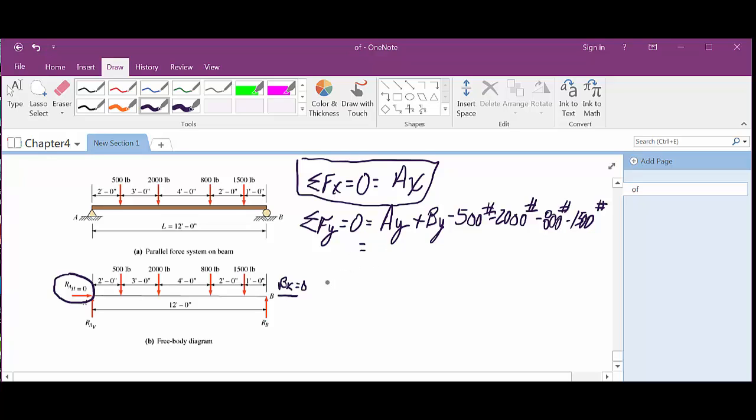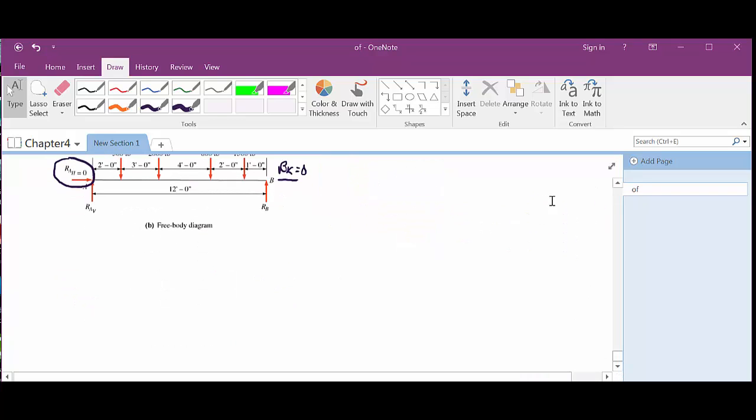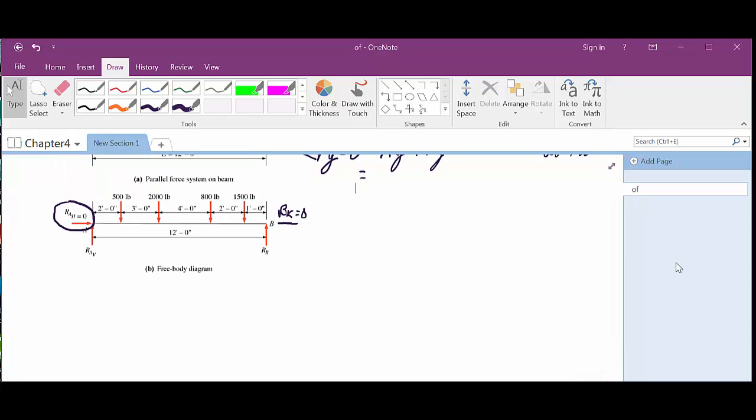Then I'm going to move down a bunch so I can make sure and have enough room here. So then what we're going to do is summation of the moments at A. And again, a couple people kind of forgot to put where they were coming from.